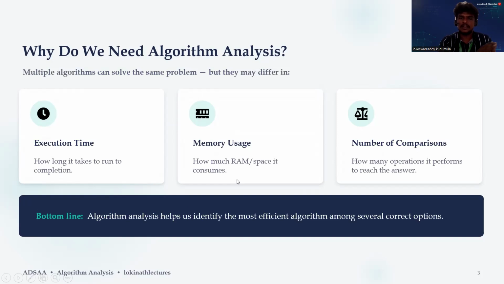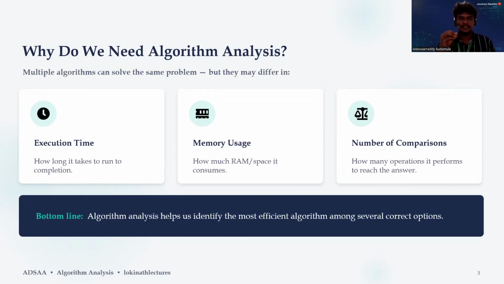While applying one algorithm to one problem statement, we need to analyze whether this algorithm is able to complete within a given period of time as well as within a memory space, and the number of comparisons. A few algorithms will take more comparisons and a few will take fewer comparisons. That's the reason we need to do algorithm analysis.